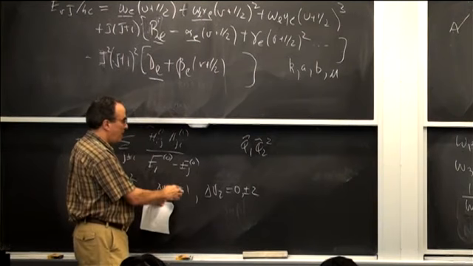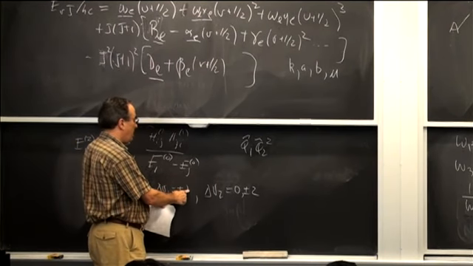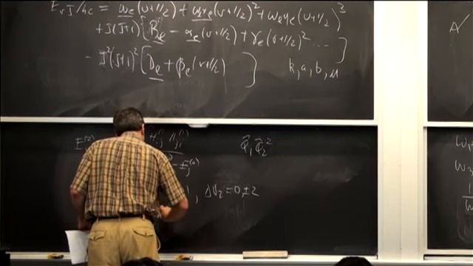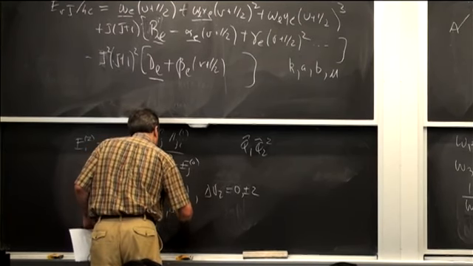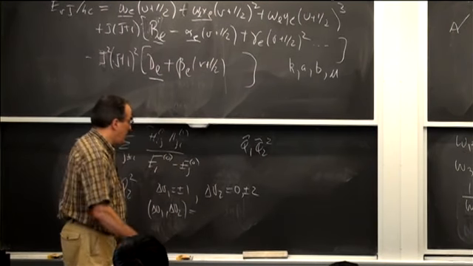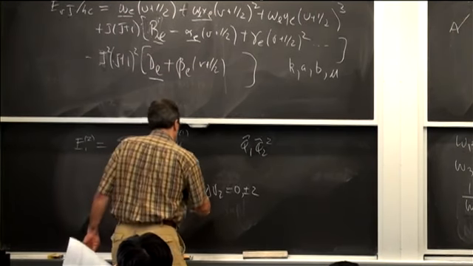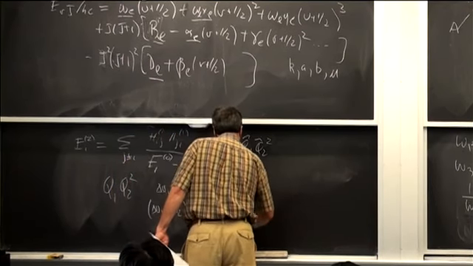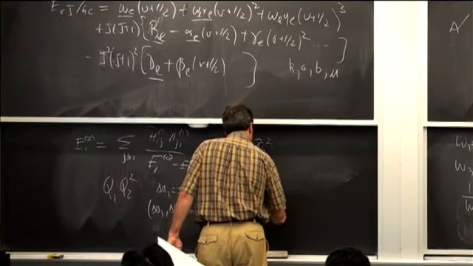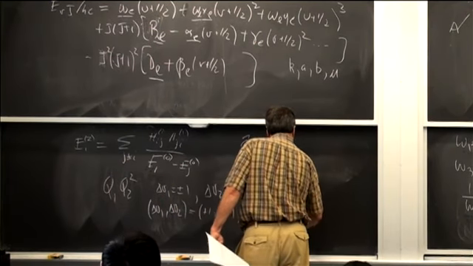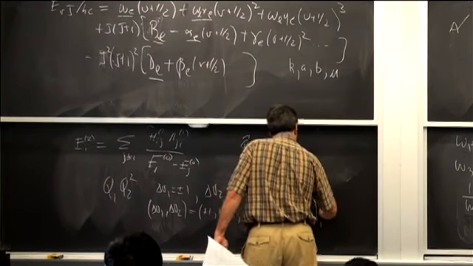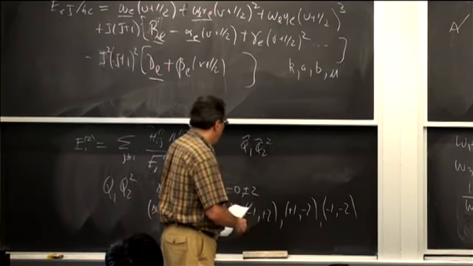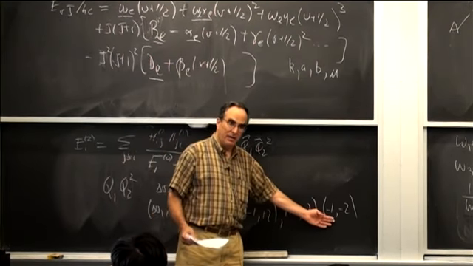And so if we write delta V1, delta V2, for the possible selection rules, we have plus 1, plus 2, minus 1, plus 2, plus 1, minus 2, minus 1, minus 2. So there are 4 possible combinations of off-diagonal matrix elements.